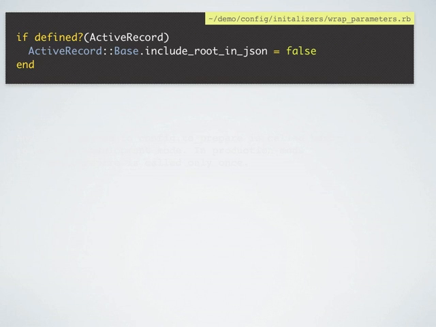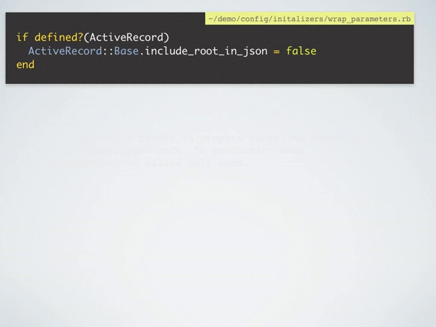Well, thanks to auto-loading, during the initialization process, Rails never asks to load active record. If and when active record is loaded, then all those procs will get fired. I noticed that one of the initializers in the demo with the name wrap parameters has this line of code: if defined active record.